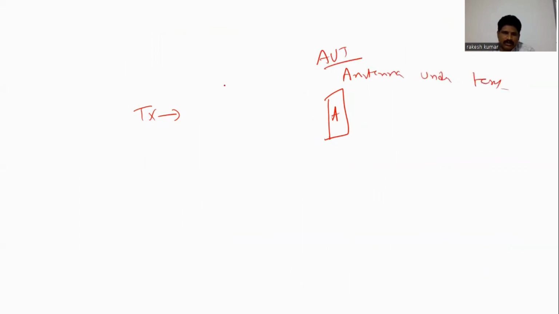See here, for example, any antenna that you want to test. This is my antenna, which is called the AUT, antenna under test. Here I have kept my transmitting antenna.